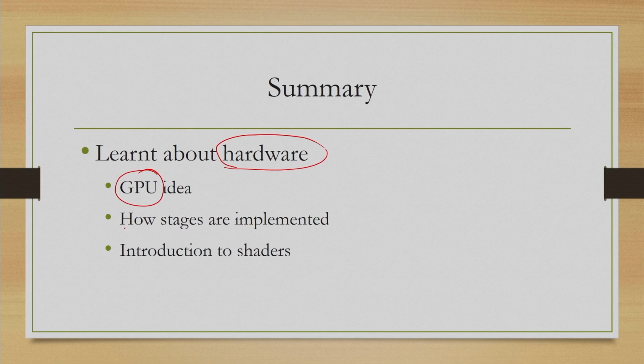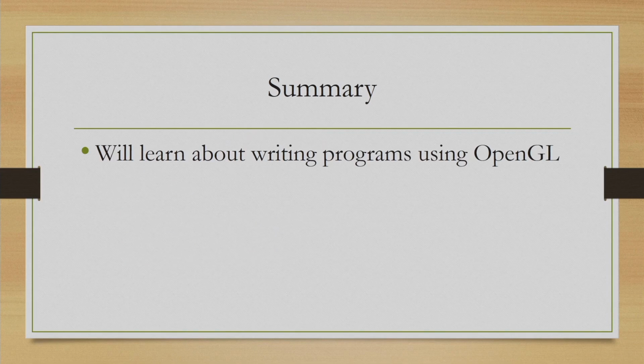We also learned how the pipeline stages are implemented in the GPU and got introduced to the idea of shaders and shader programs. Now, that is about hardware. So, in the previous lecture and today's lecture, we learned about graphics hardware.